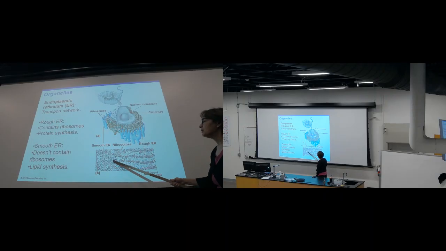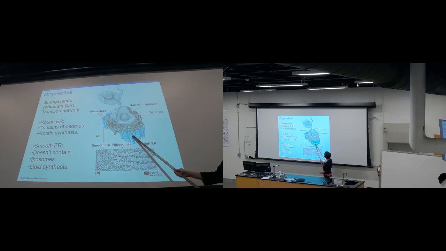And here on the left, you see stacks of membranes, which are all these little lines, but you don't see the ribosomes. So that's a difference. Smooth produces lipids, this one produces proteins, and the smooth one also detoxifies the cells.